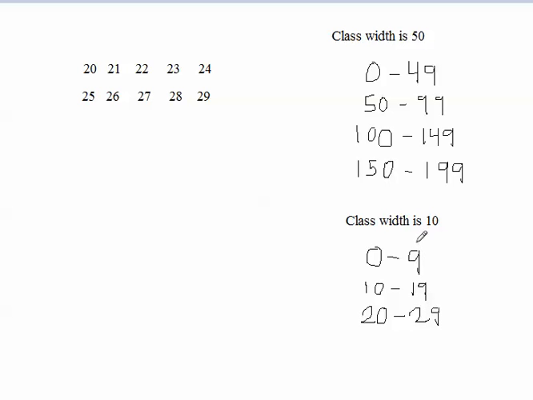And then take the high number of the interval, which is called the upper boundary of the interval, and subtract it by the low number of the interval, which is called the lower boundary, and then add 1. So each of these numbers is called a lower boundary.